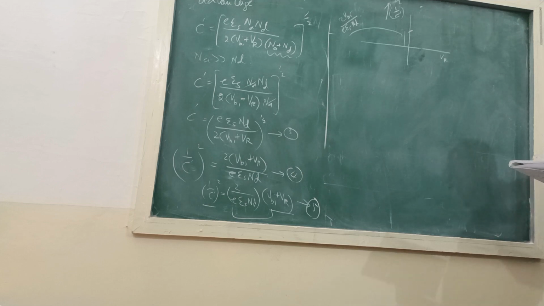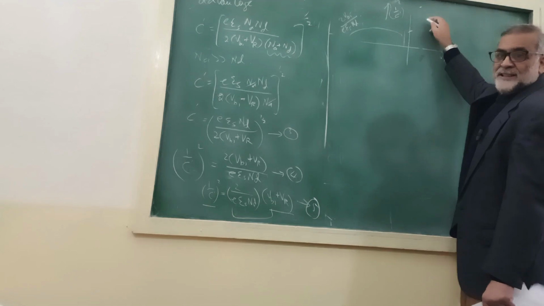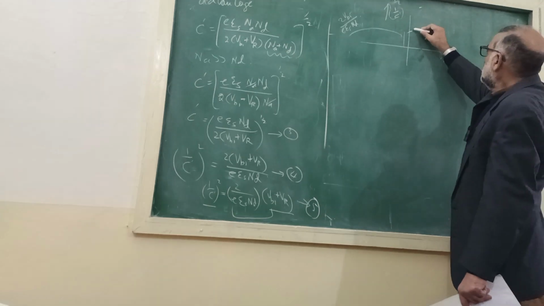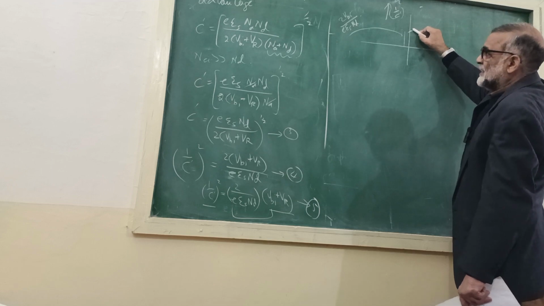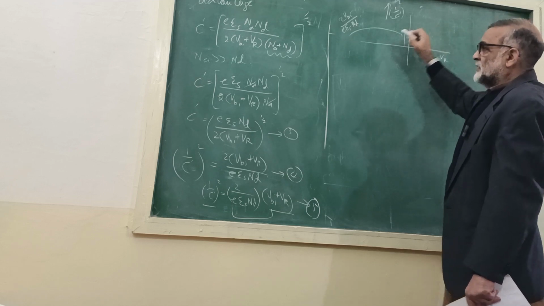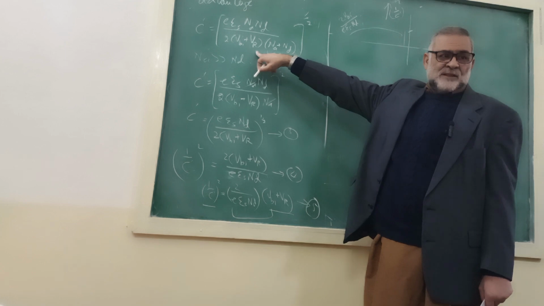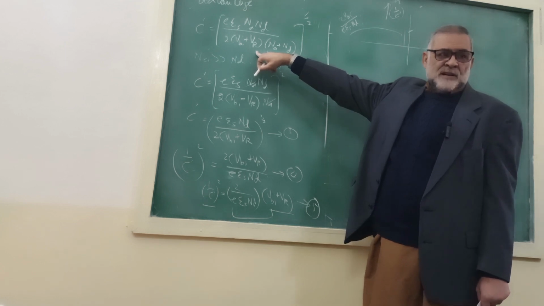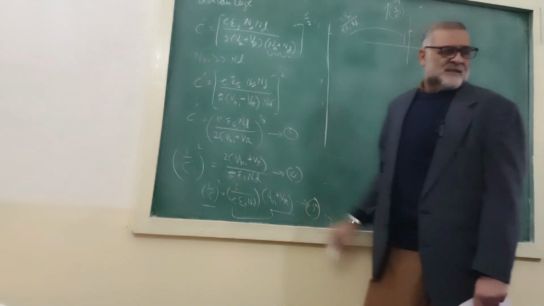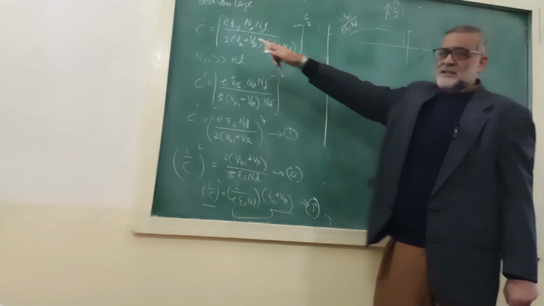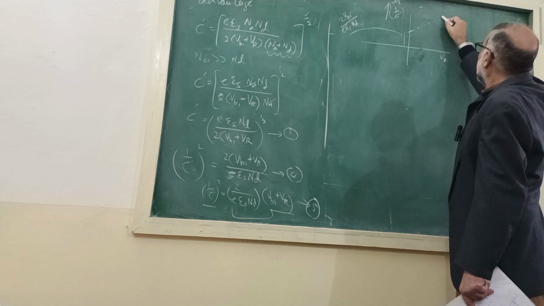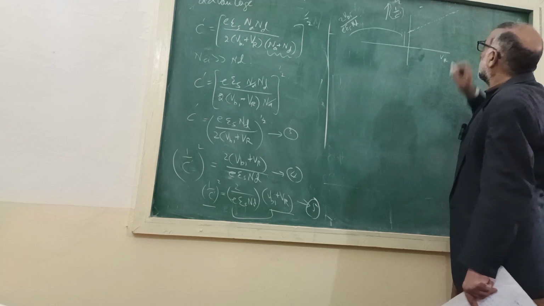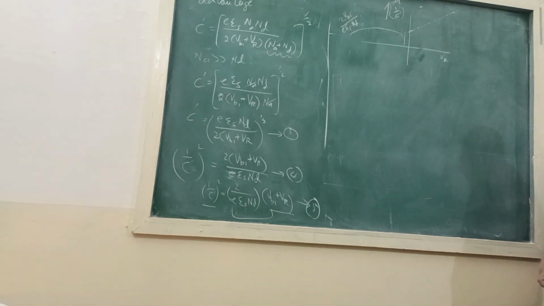Now, when you increase this VR, the capacitance decreases. So when the capacitance decreases, 1 over C will increase. So you get a straight line like this when you measure them.